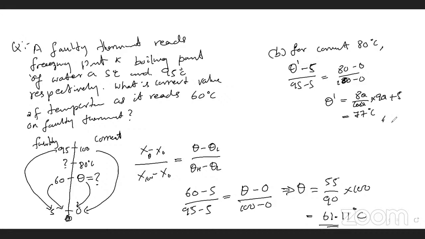In the constant volume gas thermometer, we keep the volume constant and we measure the pressure. The other way, we keep the pressure constant and we measure the volume. Both cases we can consider.